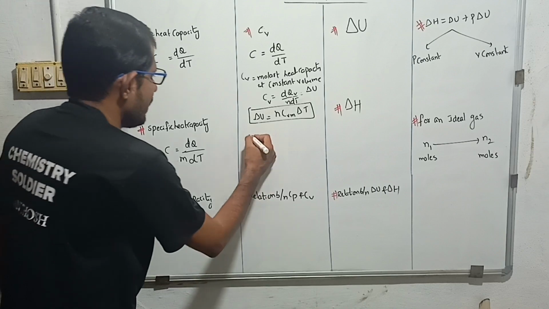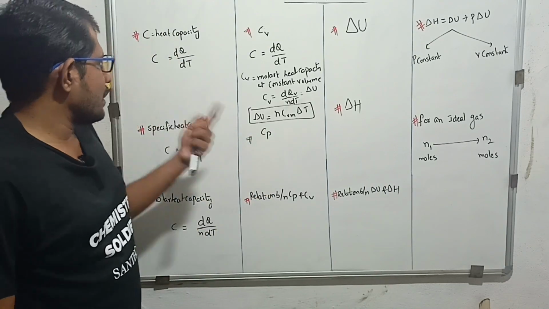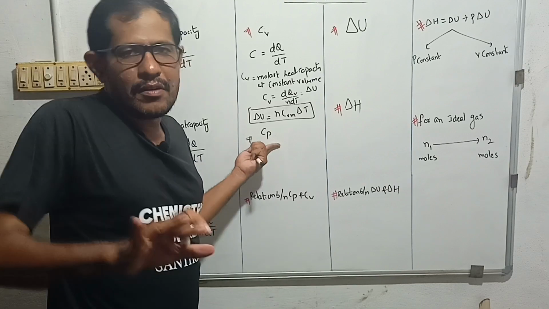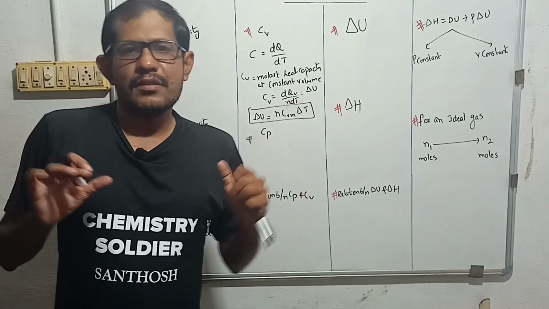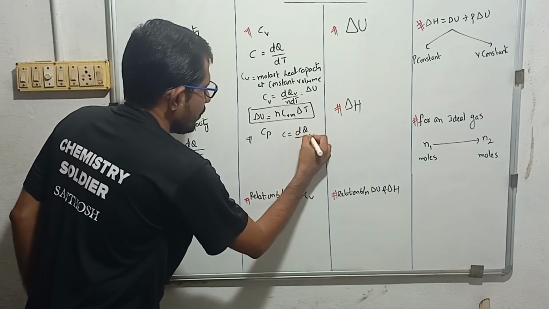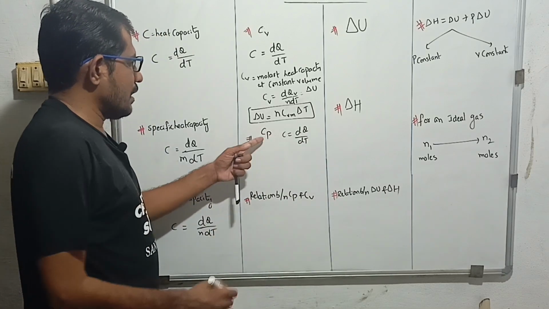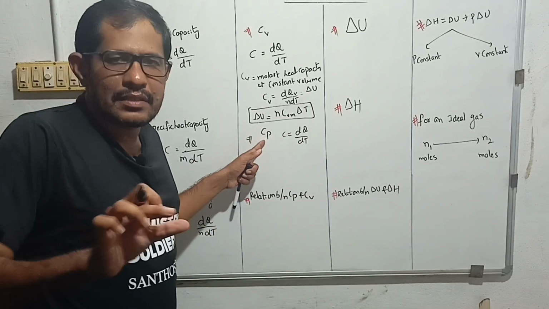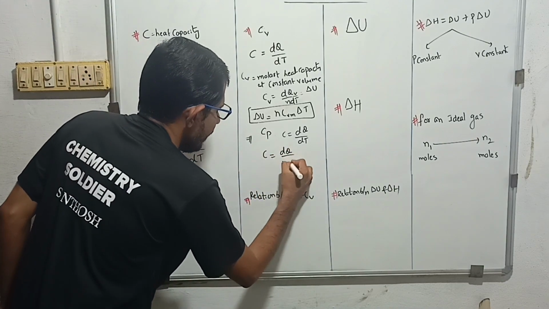Now you can write for Cp. Cp is the molar heat capacity at constant pressure. First write C equal to dq by dt, then dq by n dt.